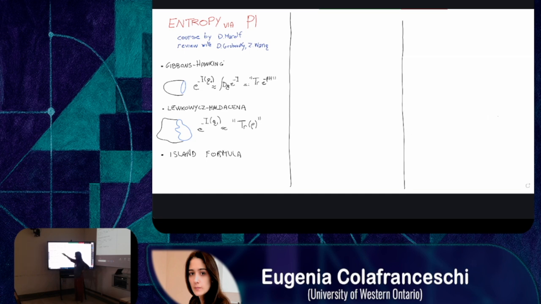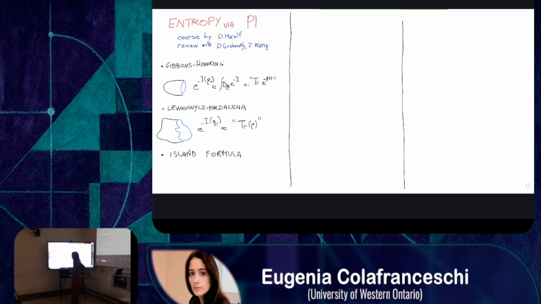This is based on notes from a course by Don Marolf at the University of Santa Barbara, and is also the material of a review I'm writing with David Grabowski and Zhencheng Wang, which will be out soon, hopefully.